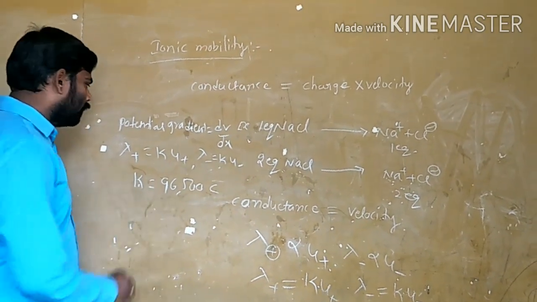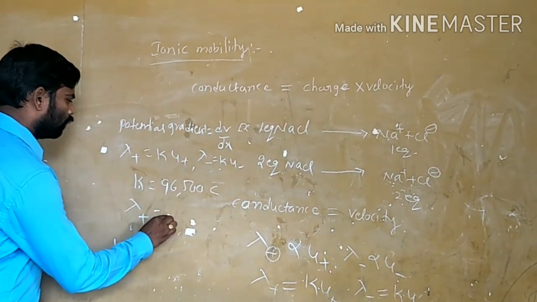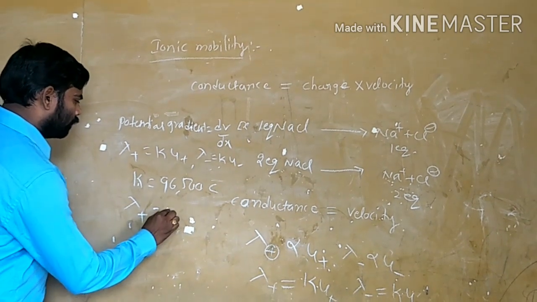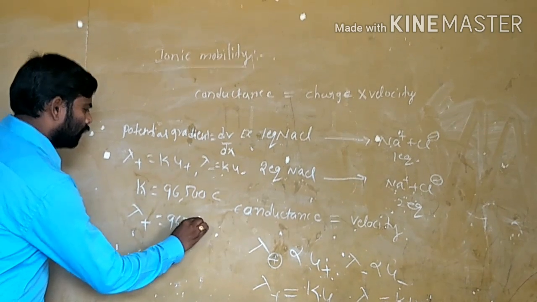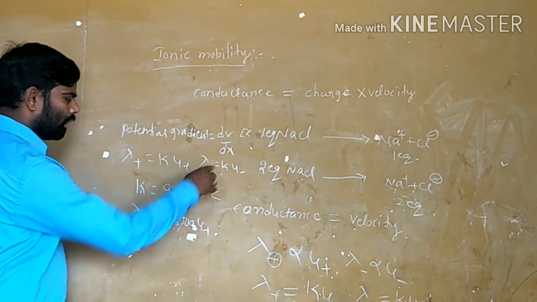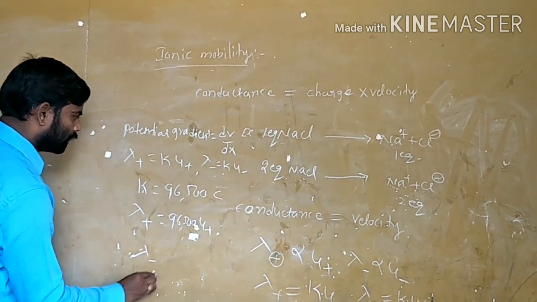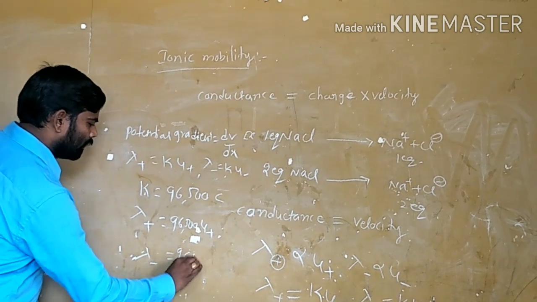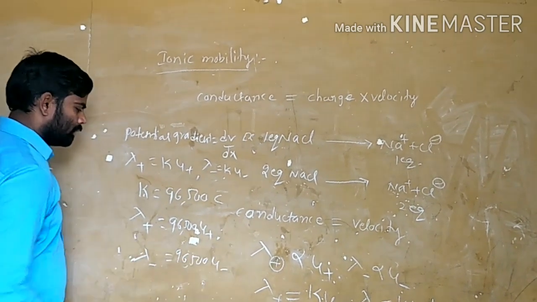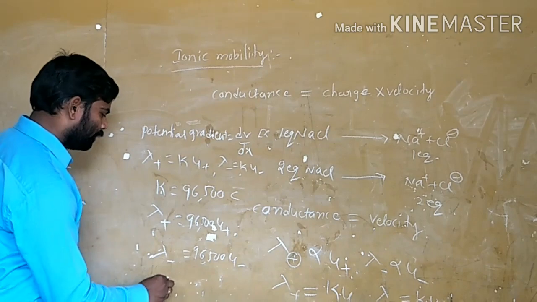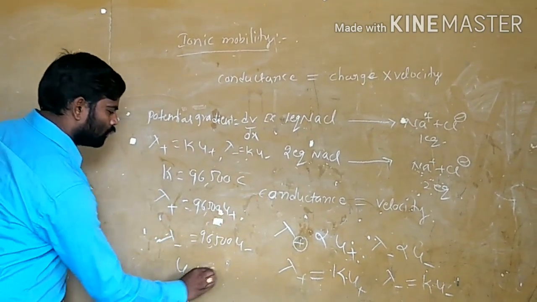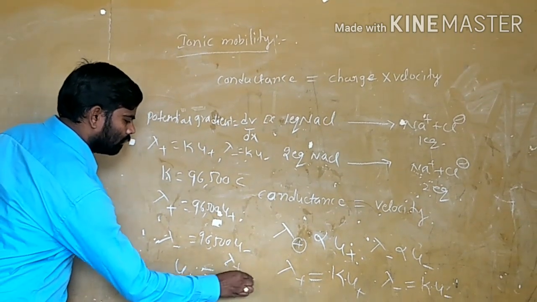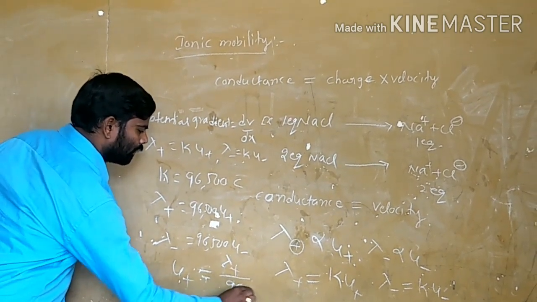Substituting this k value, lambda plus is equal to 96,500 into u plus. In the same way, lambda minus is equal to 96,500 u minus. From these two, u plus is equal to lambda plus divided by 96,500.